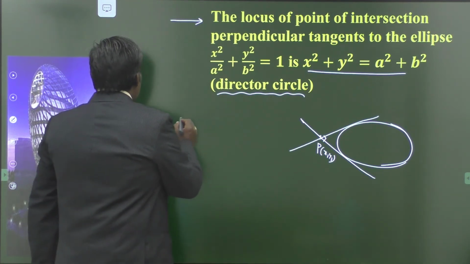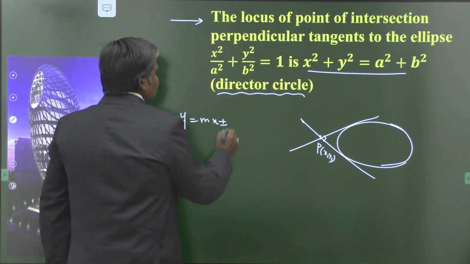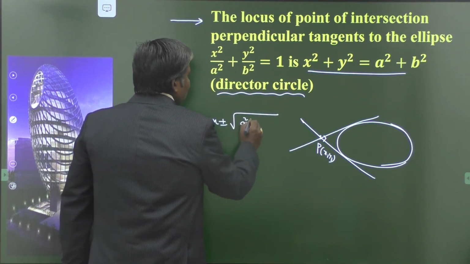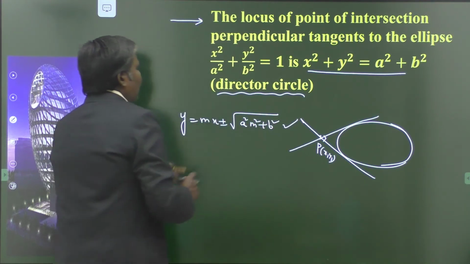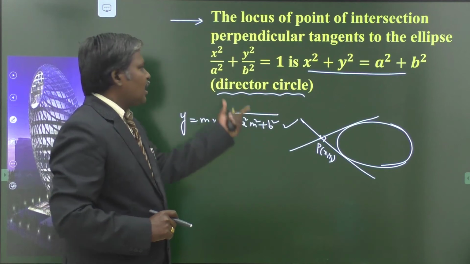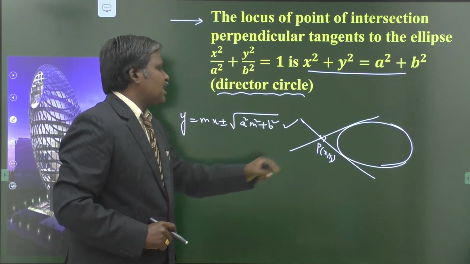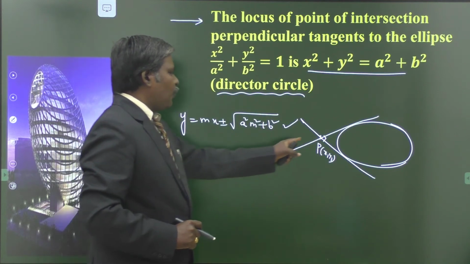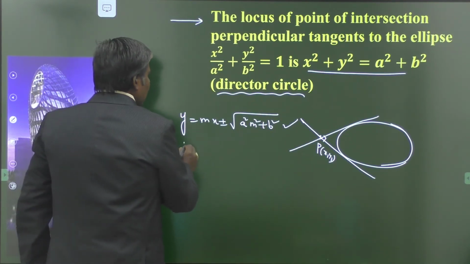We know that the equation of any tangent to the ellipse is what? y equals mx plus or minus root of a square m square plus b square. This is the equation of any tangent to the ellipse. If it is my tangent, then it satisfies the point P(x1, y1). Substitute the point P(x1, y1).